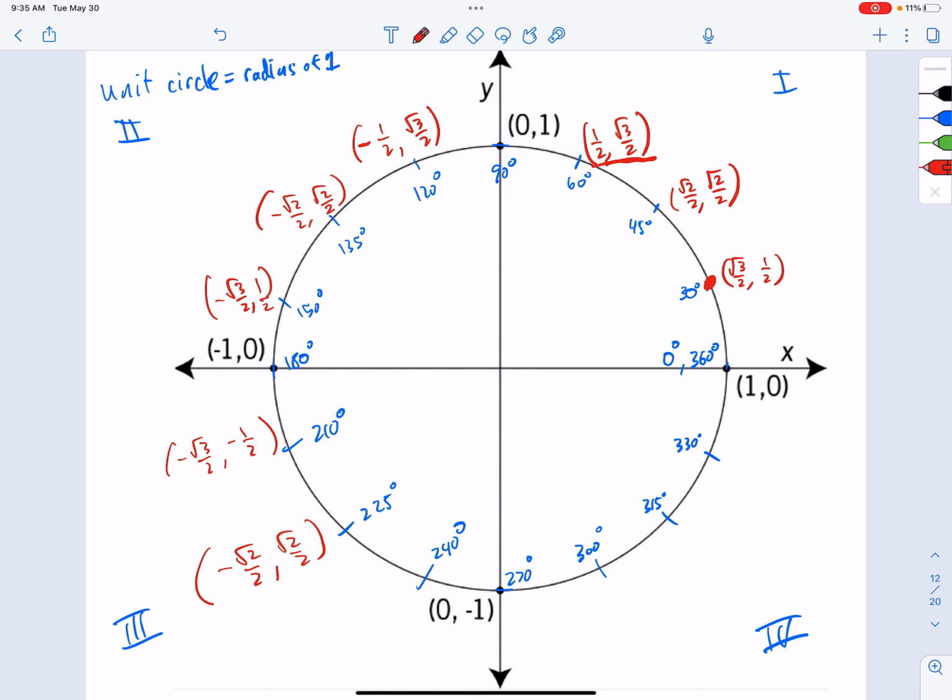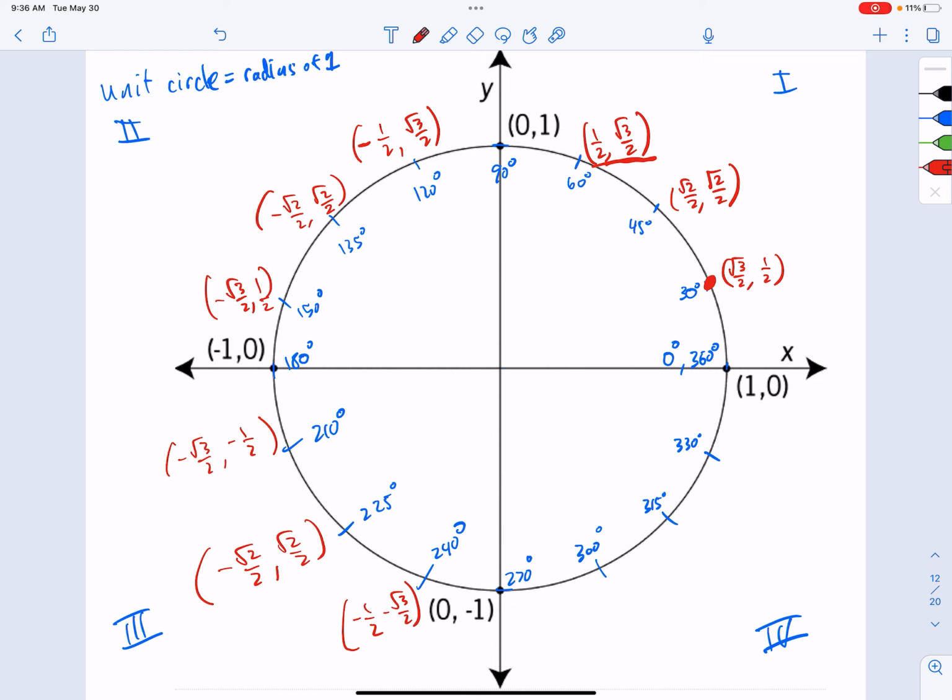And then I have negative 1/2, negative root 3 over 2. And again, the reason that these are both negative is because if we have any point that's in the third quadrant, the x-coordinate is negative and the y-coordinate is negative. At 270 degrees, we have 0, comma, negative 1.